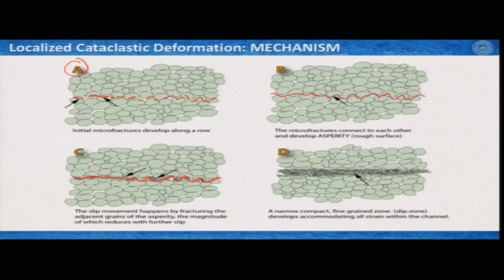You can think maybe deformation is going this way, and now these little red lines can connect to each other, as I was talking about, and they can produce a continuous fracture.